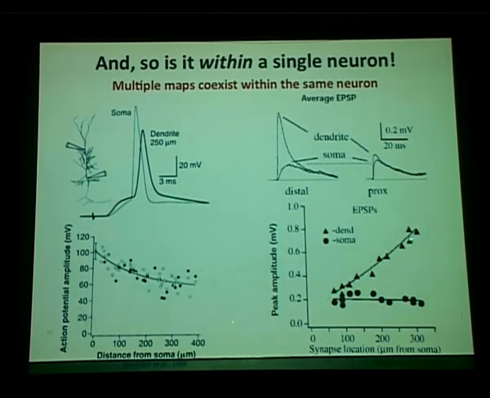And you have the local EPSP amplitude. So if you measure the local EPSP amplitude at the dendritic location, that is going to be larger than what you get at a proximal location in the same neuron. But at the cell body, because of the attenuation that is caused by cable theory and other active processes sitting over there, you see that the amplitude at the soma is kind of maintained. Michael Häusser calls this dendritic democracy, where irrespective of the location of the synapses, all of them get equal representations.